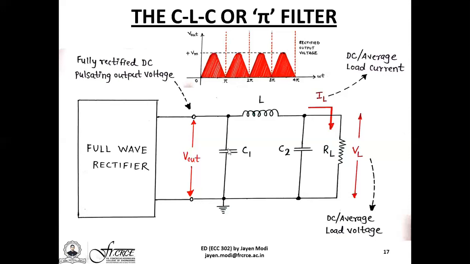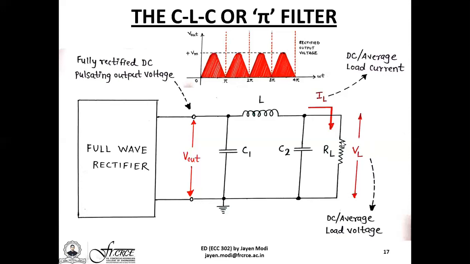While C1 and C2 are known to pass any AC component or any AC signal down to ground, the inductor L is known to allow any DC current through it easily. This will give us a highly stabilized version of the DC or the average load current IL, along with a highly stabilized version of the DC or the average load voltage given by VL.